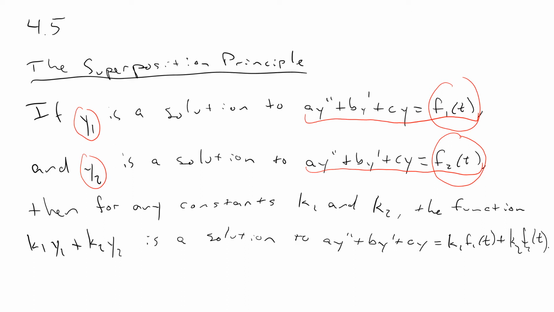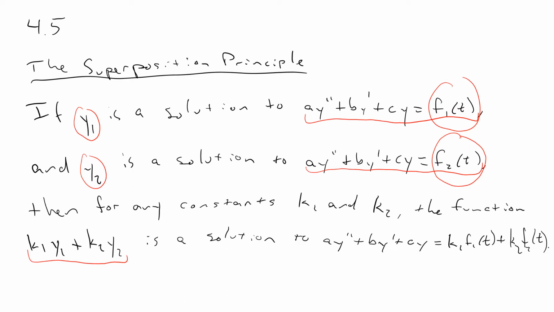When we have these two differential equations and the two corresponding solutions, what the superposition principle tells me is that for any constants k1 and k2, the combination of our solutions, k1 times y1 plus k2 times y2, is going to be a solution to the differential equation ay double prime plus by prime plus cy equals the combination of our right hand sides, k1 times f1 plus k2 times f2.